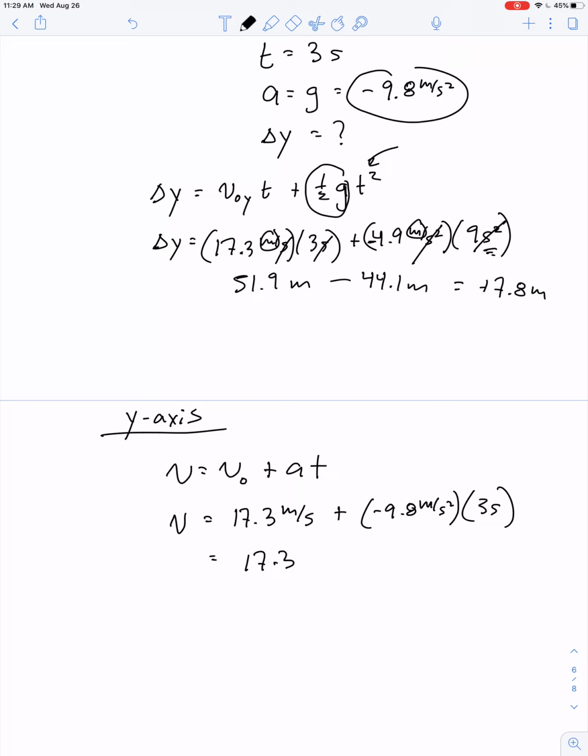Well, if we round up and say this is almost equal to 10, then this whole thing is going to be very nearly negative 30, and negative 30 combined with positive 17.3 is going to be a negative value.